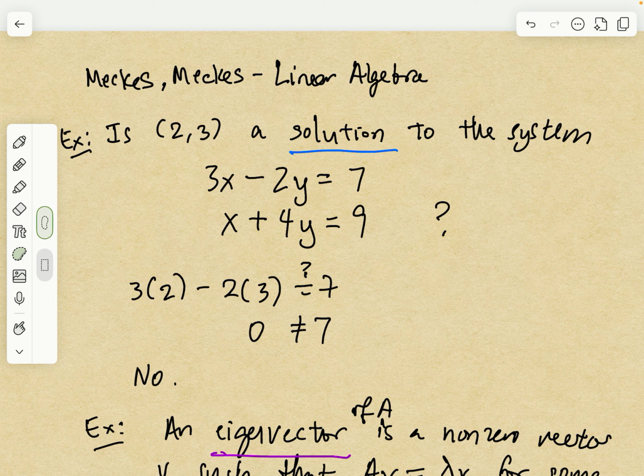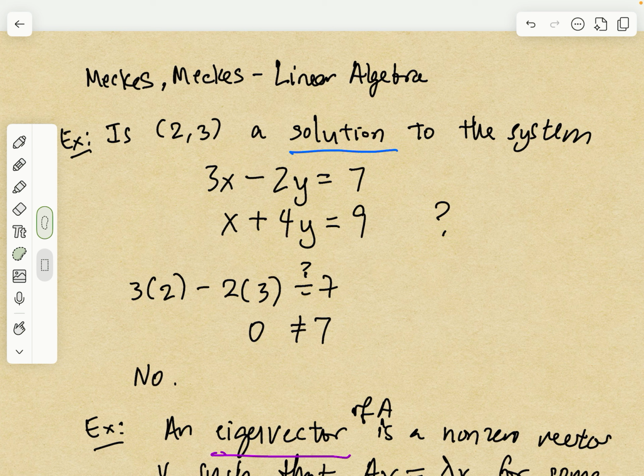You don't have to do any of that. In differential equations, this shows up. Is y equals x cubed a solution to some differential equation? They're not asking you to solve the differential equation. That's not what the question's asking. The question's asking, if you plug in y equals x cubed into your differential equation, do you get a true statement? That's all it's saying.